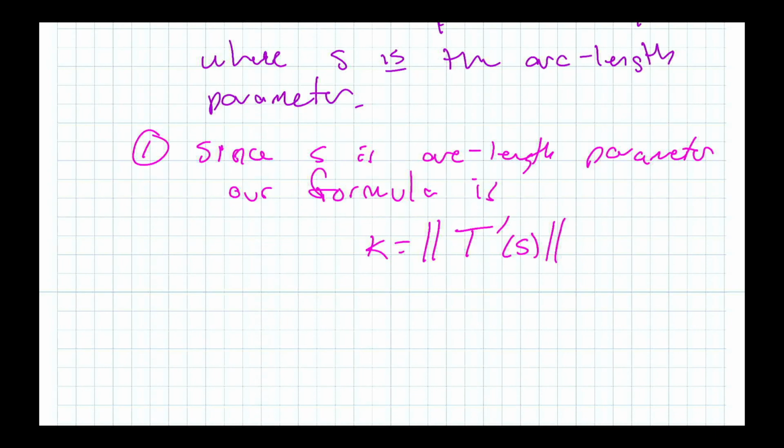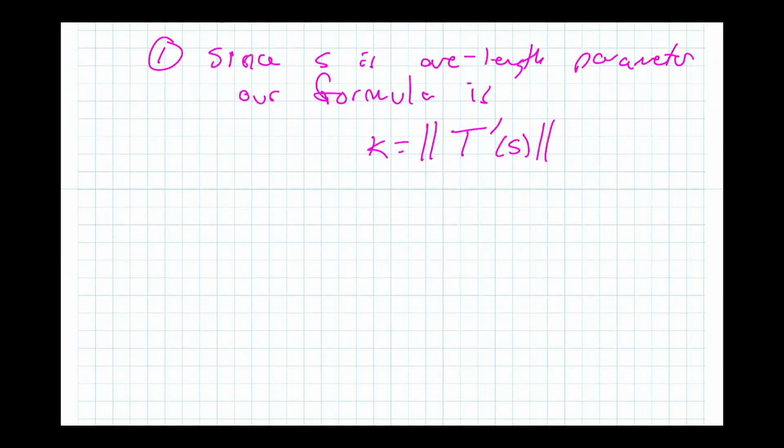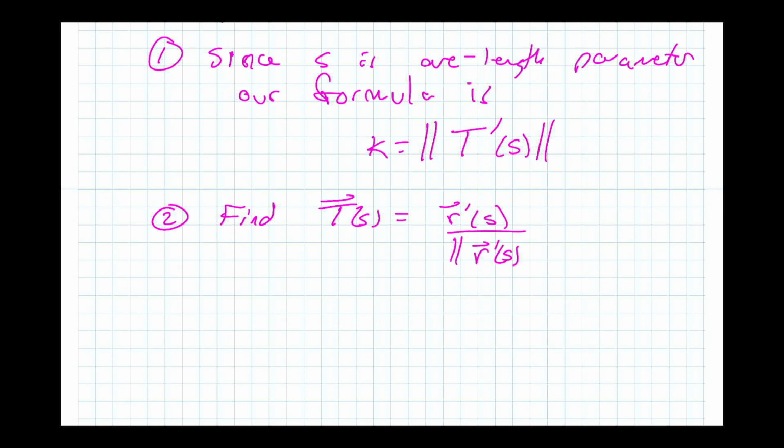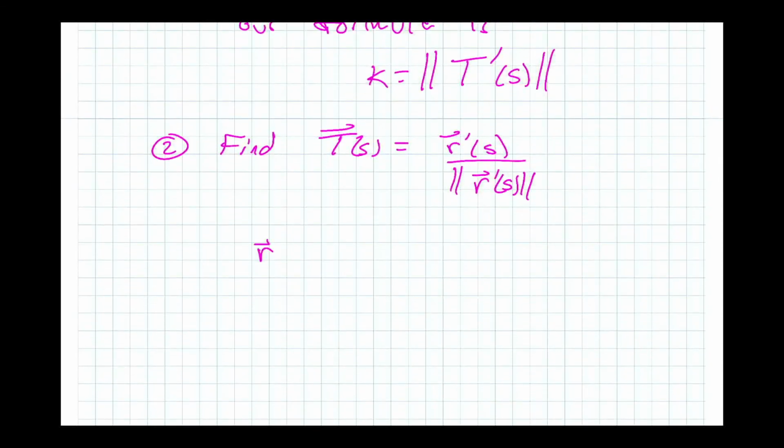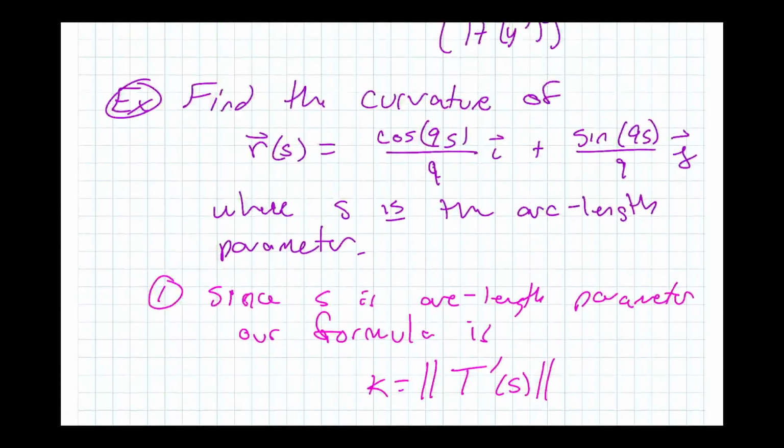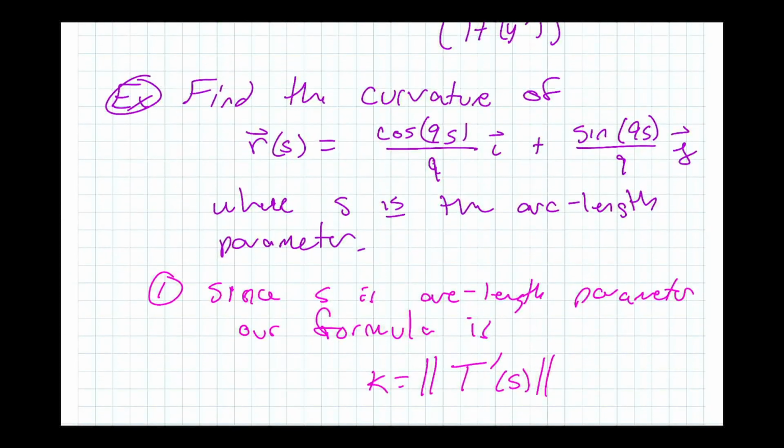So first we need to find T, which is r prime of s over the magnitude of r prime of s, right? So that's what we need to find. So what's r? r is given. Where is it? Here it is.